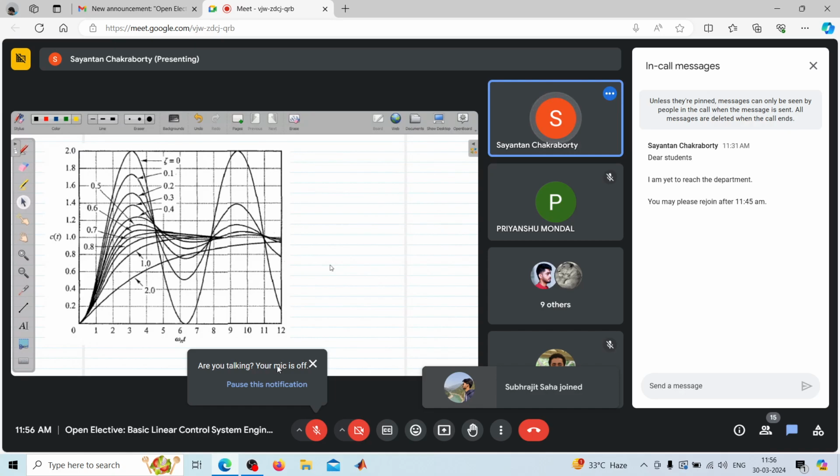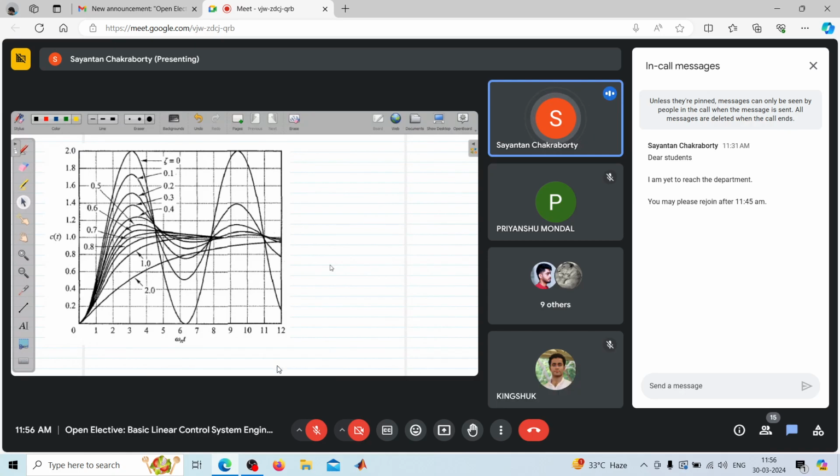Because most of the systems have energy storing capabilities, they cannot react instantaneously to any change, so they will exhibit some transient phenomena, and there is certain specification or restriction on the transient phenomena that dictates the problem statement of the control system design.